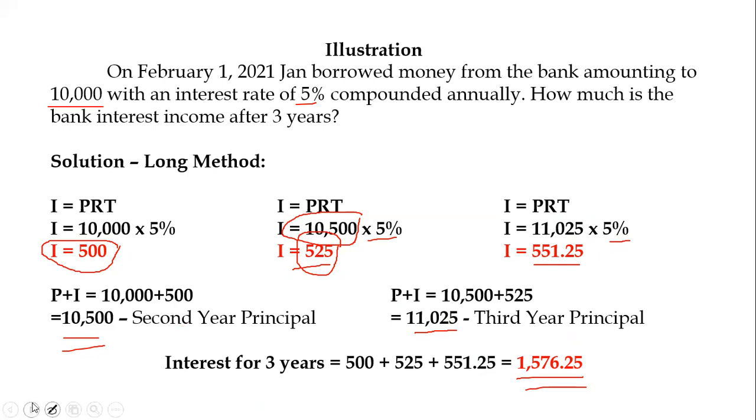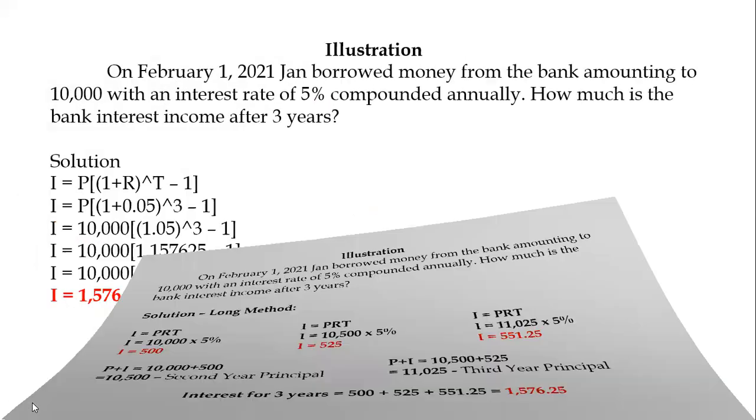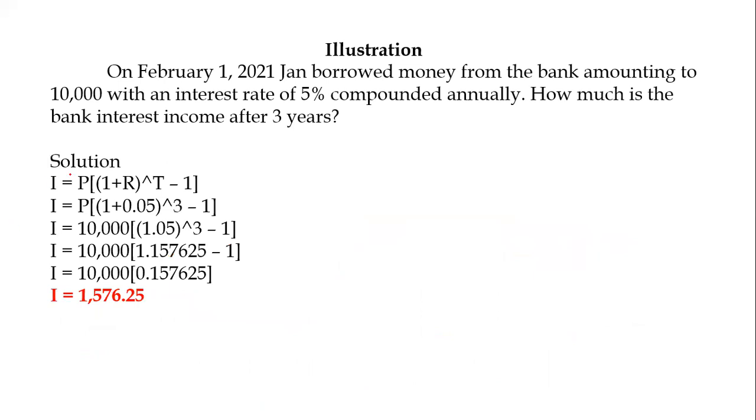Now, let's take a look at the formula, no? Let's use the formula for the compounded interest kasi ito ay long method, no? Okay? All right, same problem, but we will use the formula which is interest is equal to P times 1 plus rate raised to time, less 1. So ang principal is 10,000, all right?